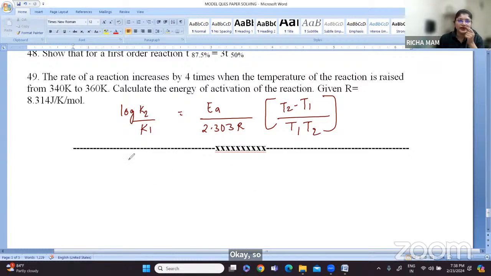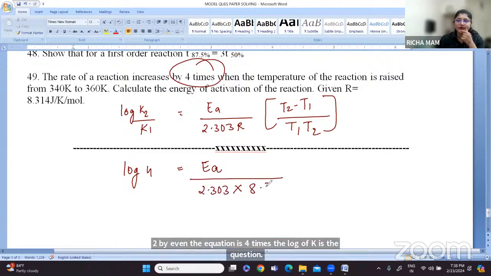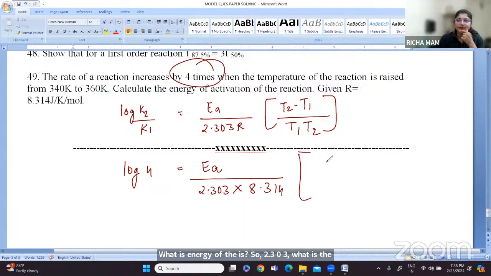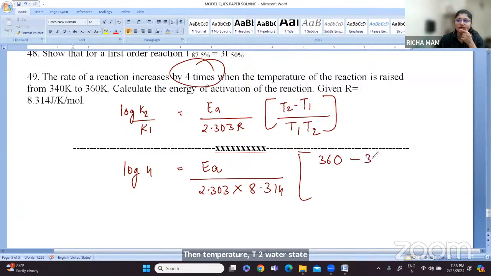So calculate. Log of K2 by K1, the ratio is 4 times. So 4 equals Ea by 2.303 into R, which is 8.314, into T2 minus T1, where T2 is 360, the higher one, minus 340, divided by 340 into 360.